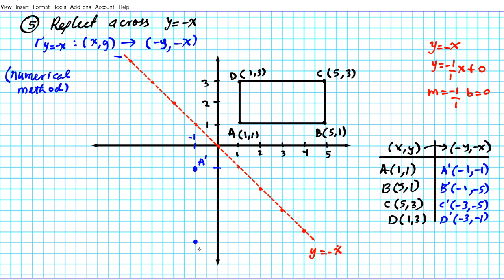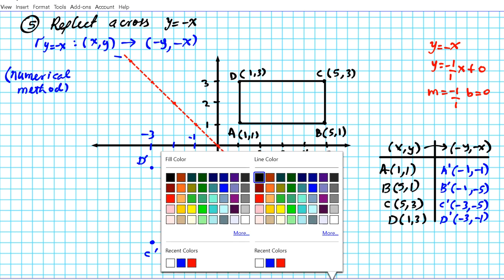And then C prime is going to be negative 3, negative 5. So we have 1, 2, 3, negative 3, and then negative 5 is right here. So there goes C prime. And then D prime is negative 3, negative 1, right over there. Okay, so there goes our reflection under the line y equals negative x.